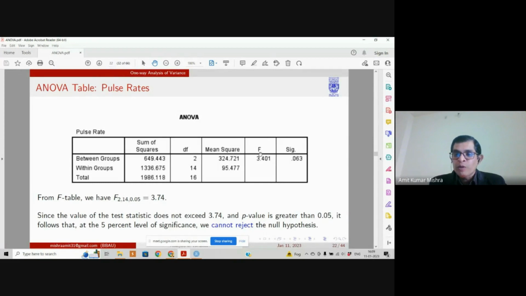Of course, your observed value is not bigger than 3.74 because it is not crossing the critical value. So the conclusion will be the same. We cannot reject the null hypothesis. That means in this example, we cannot say that mean pulse rates are different for these three populations. Now we are going to see the same thing in R.